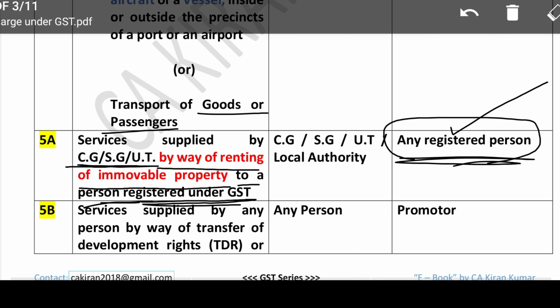And supply of services by way of transfer of development rights. This concept arises in the real estate sector. So for any services by way of development rights to a promoter like a developer, in such cases of transfer of development rights, the developer or promoter is liable to pay under RCM.